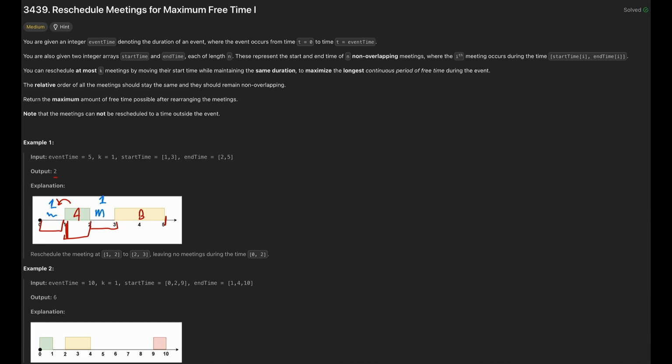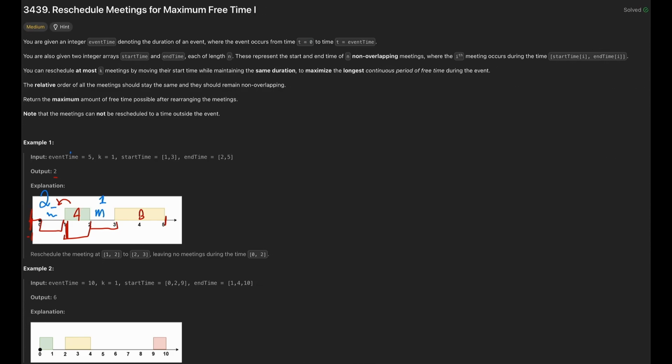So that's showing that when we move this meeting over, we're combining the gap to the left and the gap to the right. For example, if this extended over and there was another space here, just imagine this was, obviously it can't be like this, but if this was -1, just for the sake of this example, this gap would become 2.